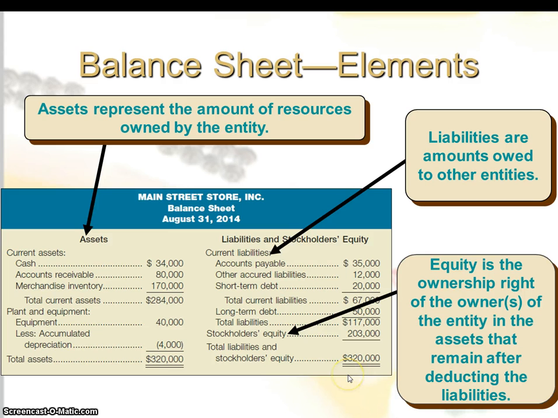So right now, if you have your financial statements in front of you, take a look and see if you could identify the total assets and see if you can identify the total liabilities and stockholders' equity. The two numbers should be equal. And using this basic accounting equation, for the numbers that are left blank, you can easily back into what the numbers should be.